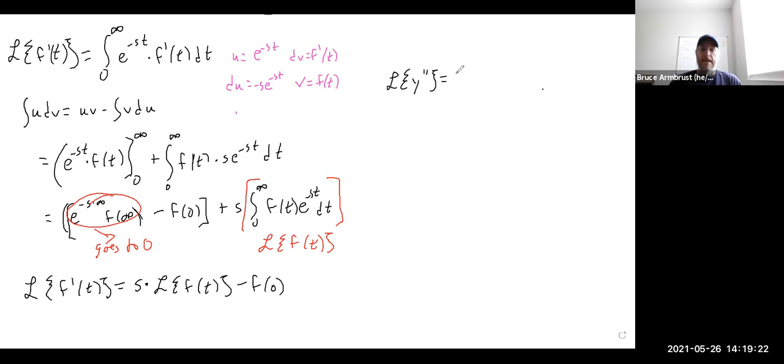What you're going to end up seeing is s squared times the Laplace transform of y minus s times f of 0 minus f prime of 0. I guess y prime, I should have called those guys y's.